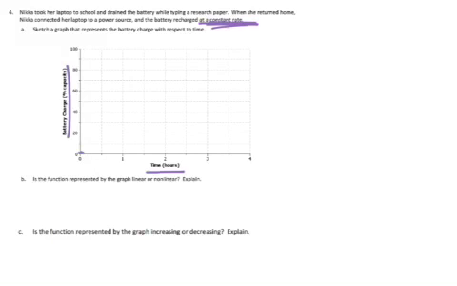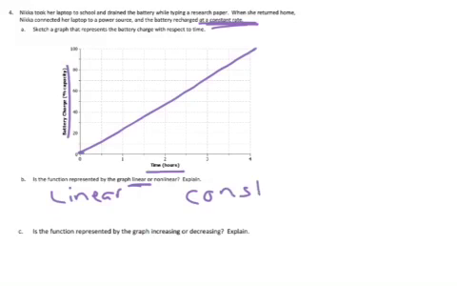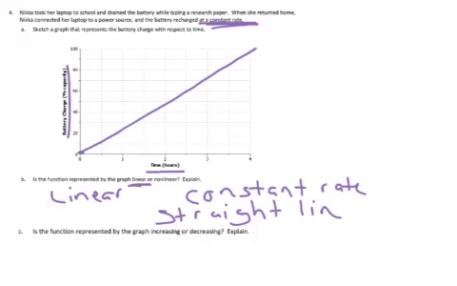Since we just have to sketch it and it's increasing because it's recharging at a constant rate, I'm just going to draw a line that is increasing, and it is linear because of that key buzzword right there, constant rate. And when we graph something that's linear, remember, you know that it is a straight line.